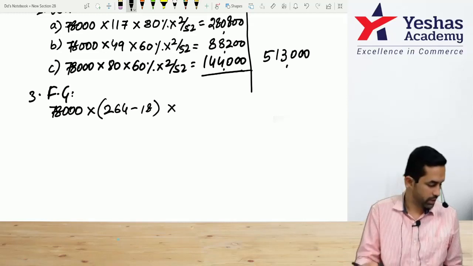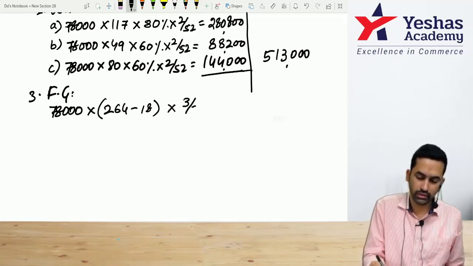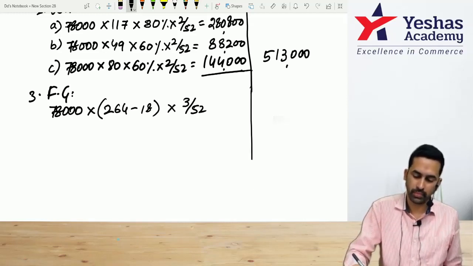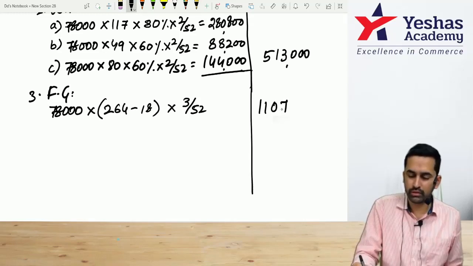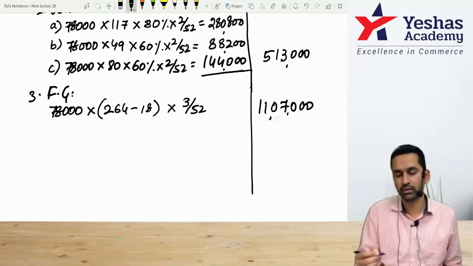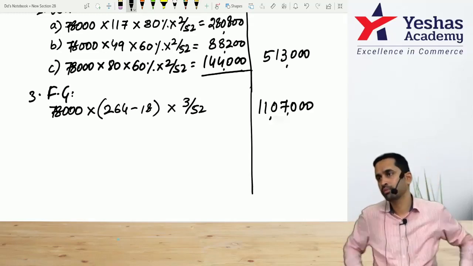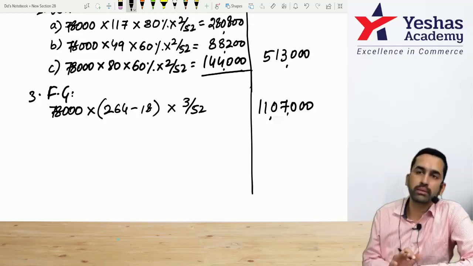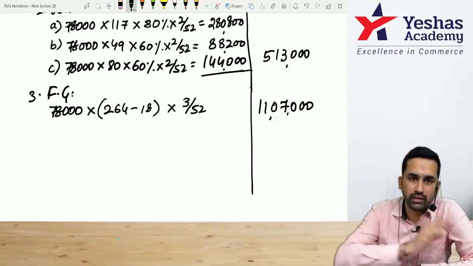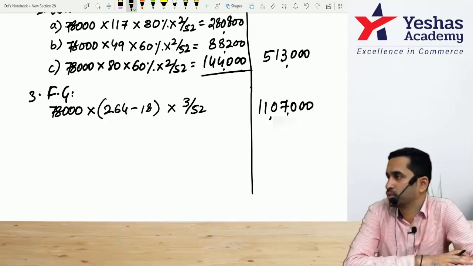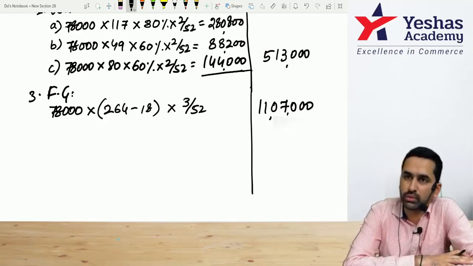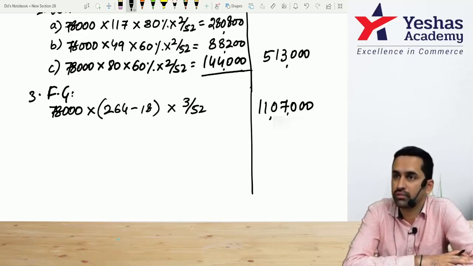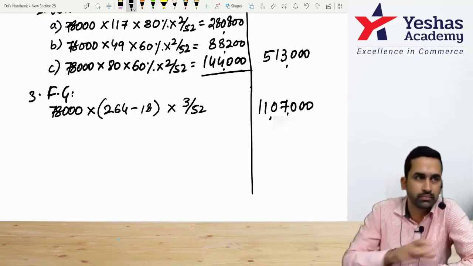And how long are we keeping FG stock with us? 3 weeks. 110700. The logical meaning of this is so much of my money is there in FG stock. Come to my showroom, I can show you this much worth cash in the form of FG stock.